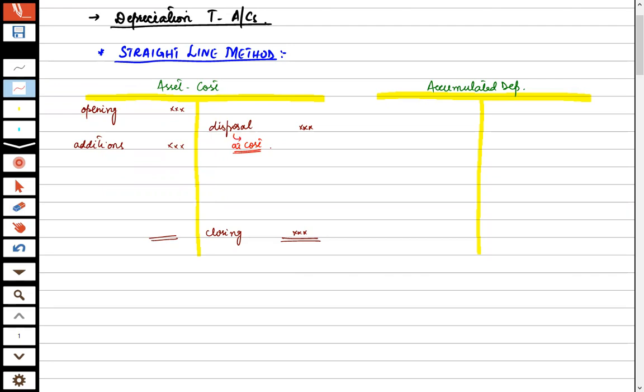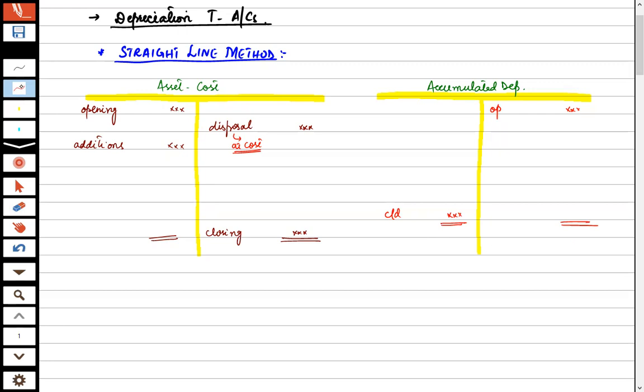Yes. Then now let's come to the accumulated depreciation account. Obviously, accumulated depreciation is always credited, so its opening amount would be credit, and its closing amount, that is the CD amount, would be on the debit side, so that for the next year or next reporting month, it would become the credit side.